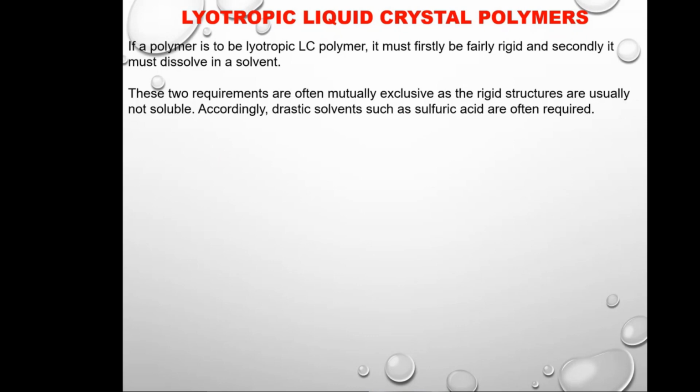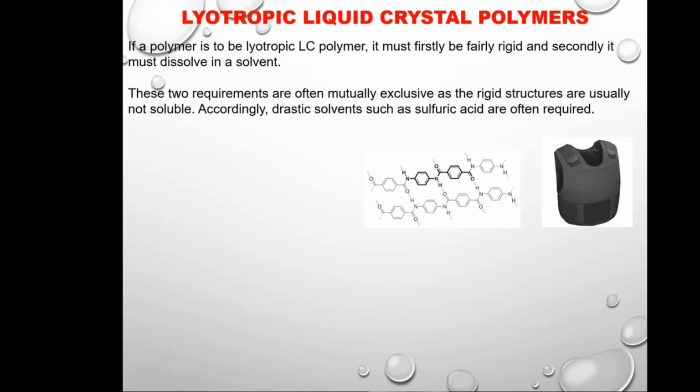So usually, being a chemist, these requirements are often mutually exclusive, as if something is rigid, probably it's not well soluble. So accordingly, drastic solvents such as sulfuric acid, for example, are required.